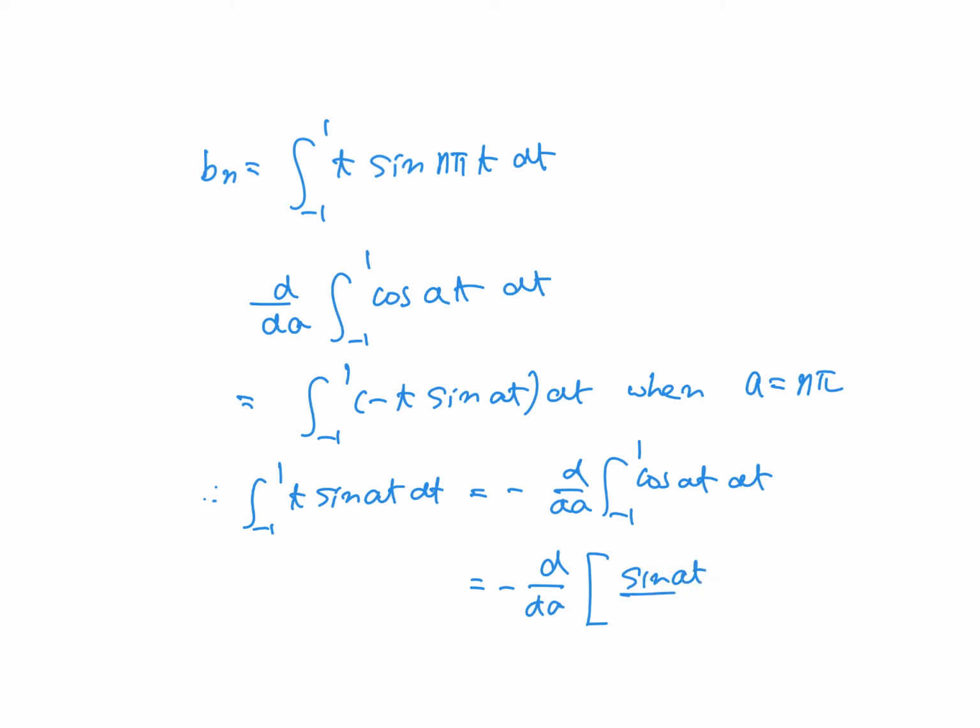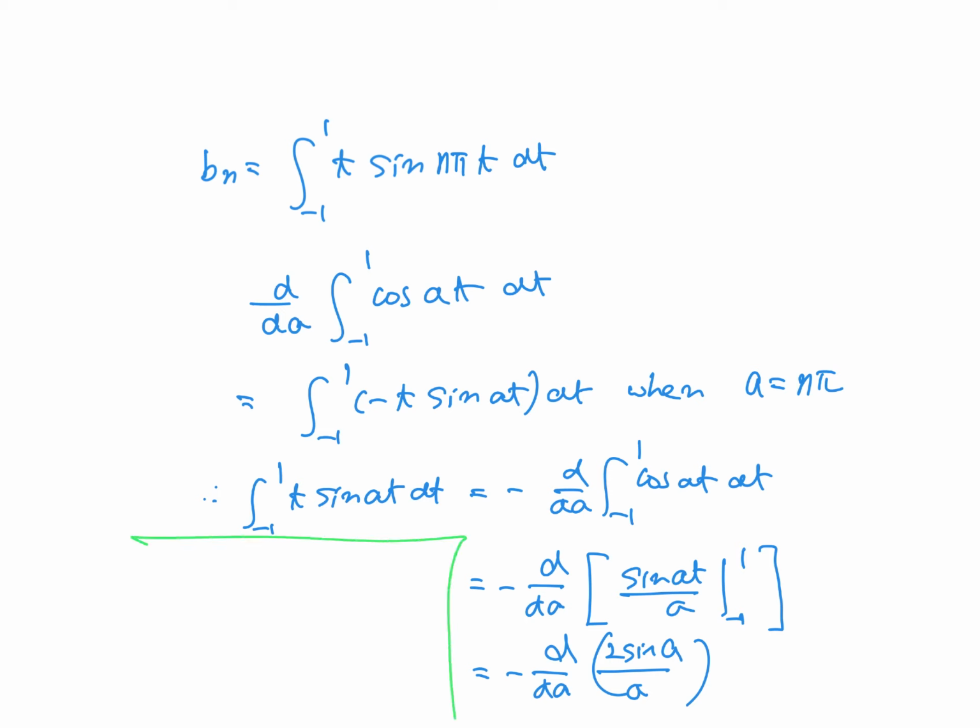So this is minus d/dA of 2 sine A over A. I can do a little bit more here.